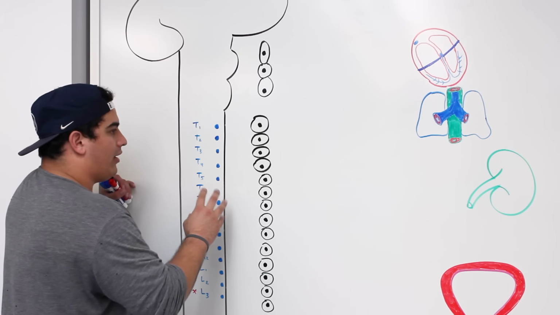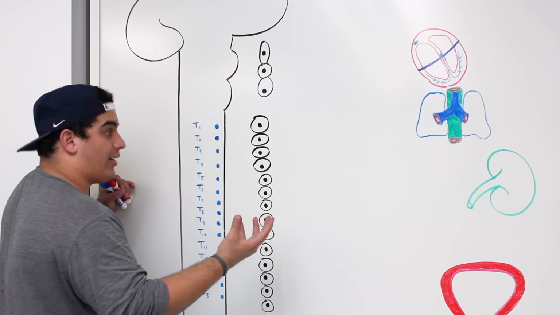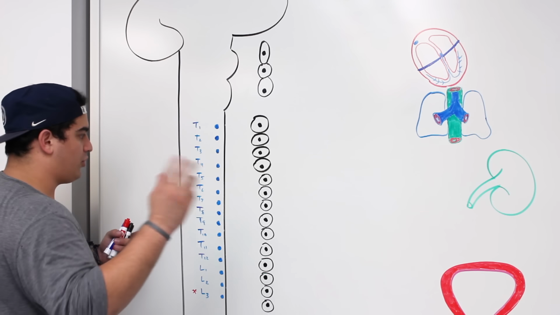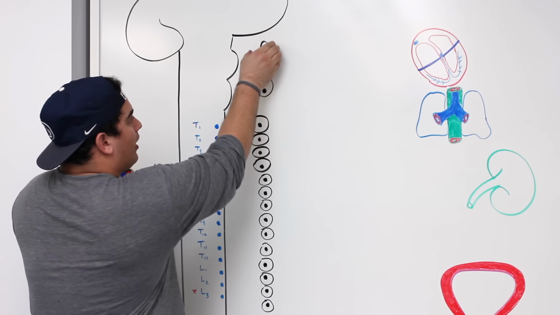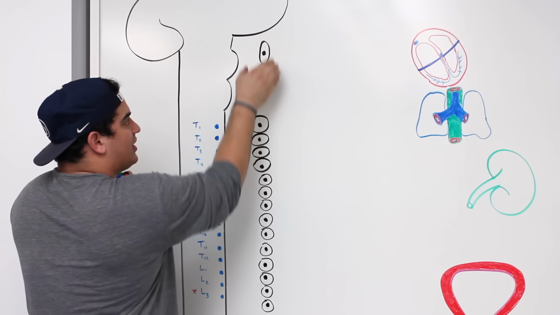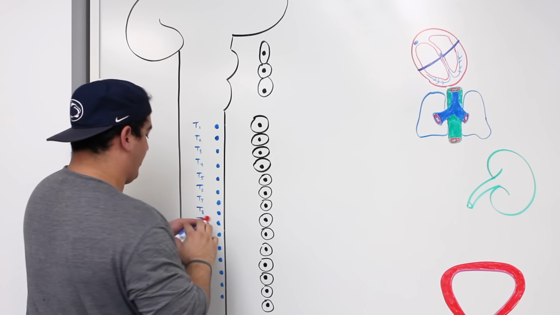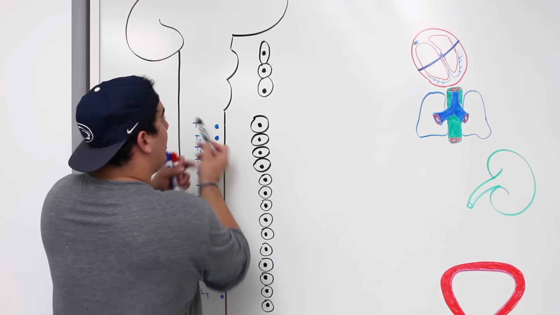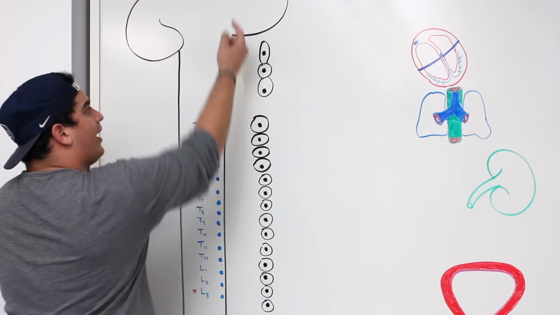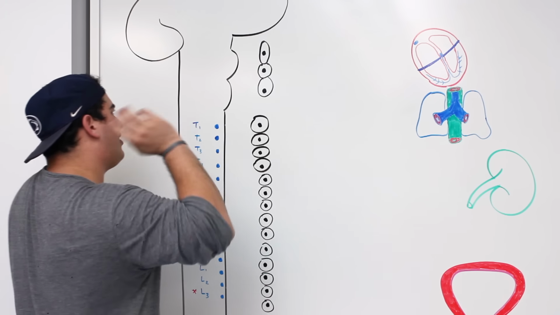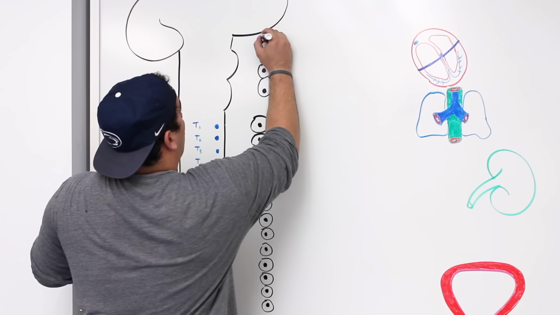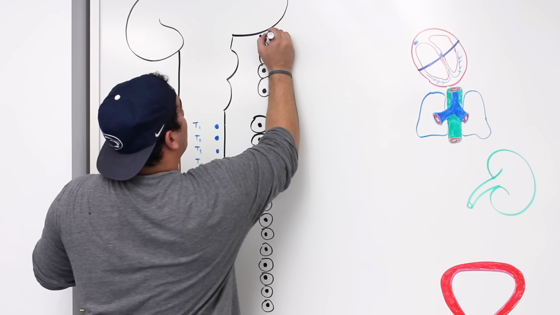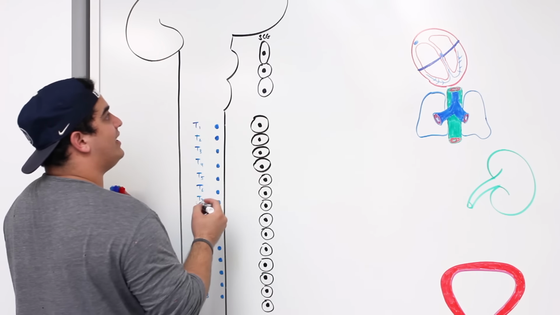Much of this video will focus on the collateral ganglia, and we'll stick with collateral or prevertebral. But I want to talk about these chain ganglia first, these top ones. If you come up to the cervical region, right around C2, you have the superior cervical ganglion, SCG.